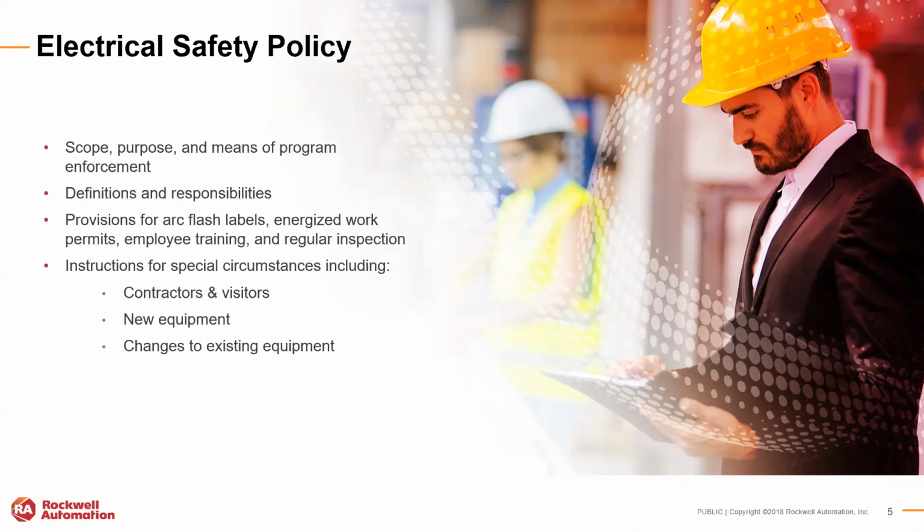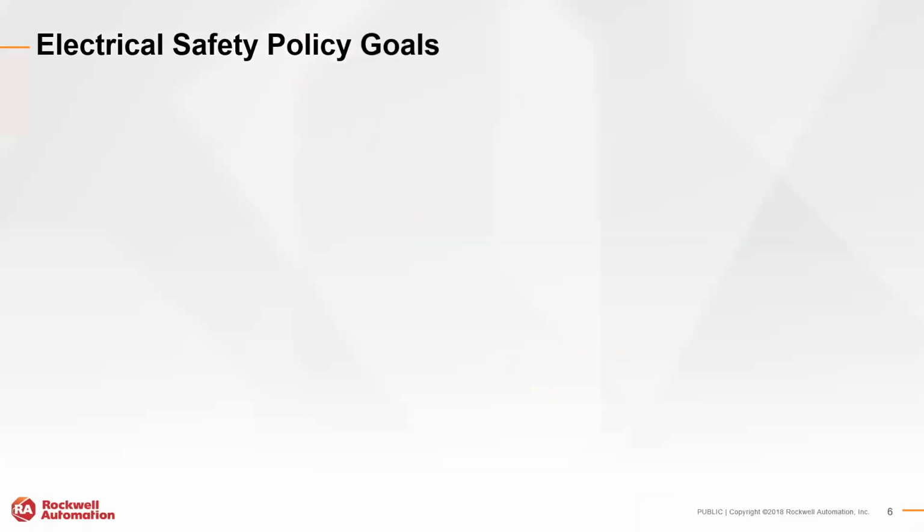Maybe there's an electrical work permit component that's part of that program, but it should be readily accessible to your employees, and they should understand where to find it and what guidelines and policies are listed throughout that document, and make sure they follow those.